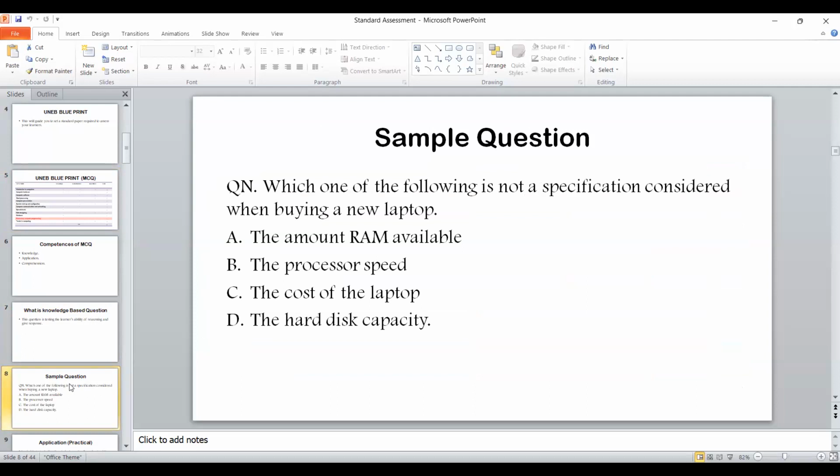Now, do you want to test whether the student can reason when it comes to specifications and factors? If I talk about specifications, are they the same as factors? You see the amount of RAM, the processor speed, the cost of the laptop, and the hard disk capacity. So this question is testing the learner's ability of reasoning.